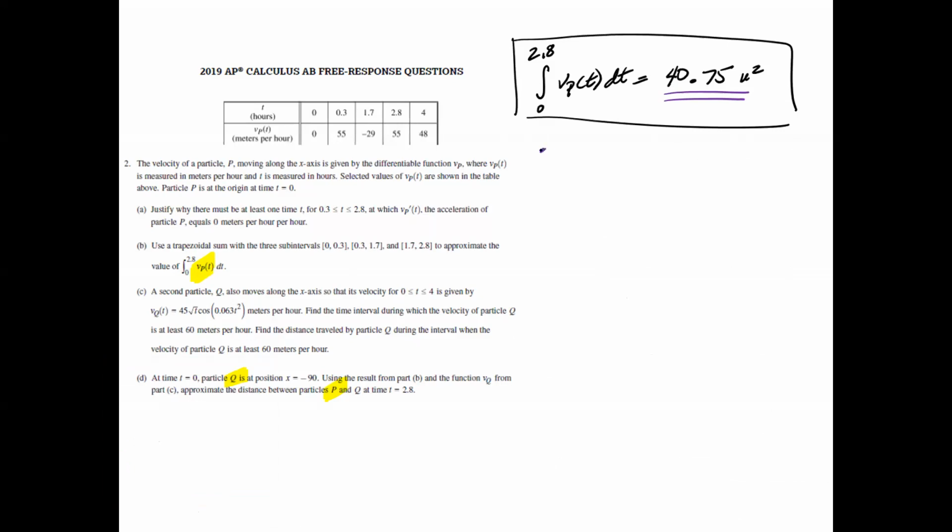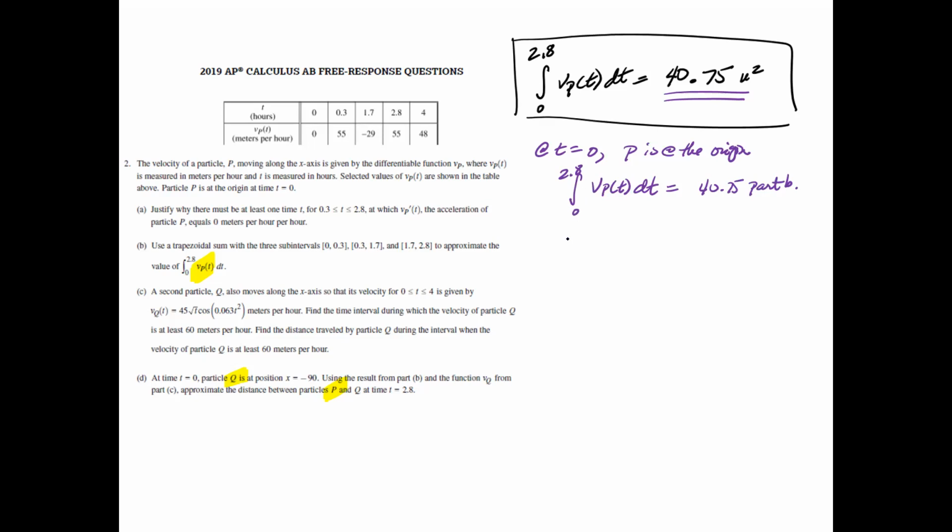So we can say that at t equals 0, P is at the origin, and the integral of 0 to 2.8 of v of P of t dt is approximately 40.75 from part B, okay?